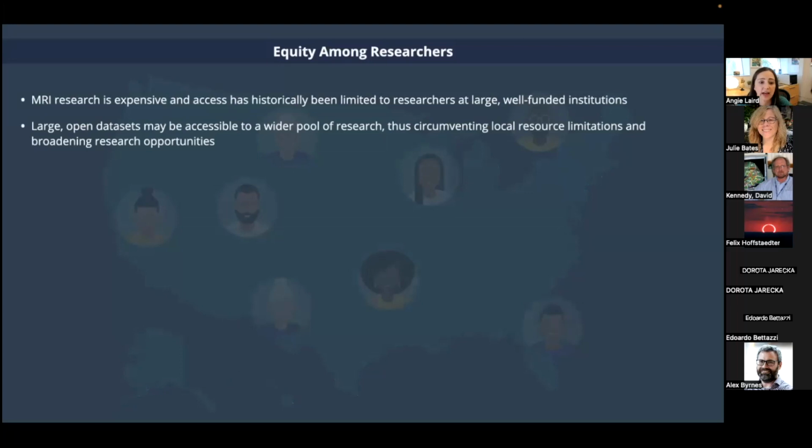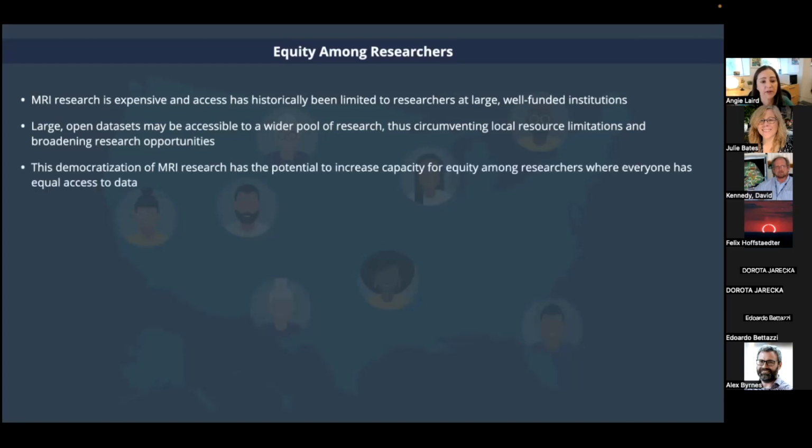These data sets now represent centralized resources that may be accessible by a wider pool of researchers, thus circumventing local resource limitations and broadening research opportunities. So, this democratization of fMRI research has the potential to increase capacity for equity among researchers where everyone has equal access to data, as well as the computational infrastructure to analyze it.